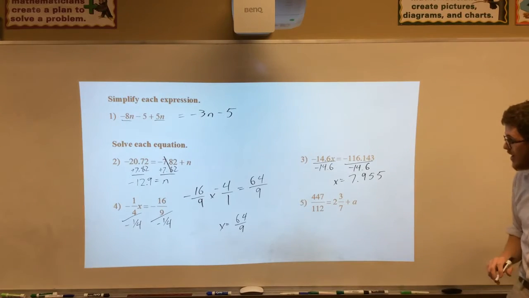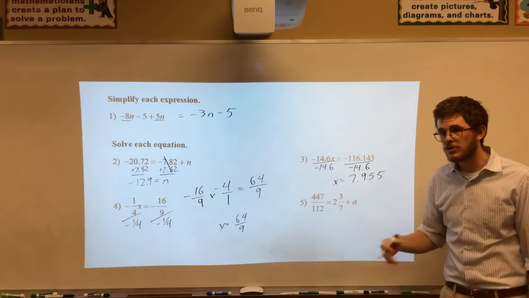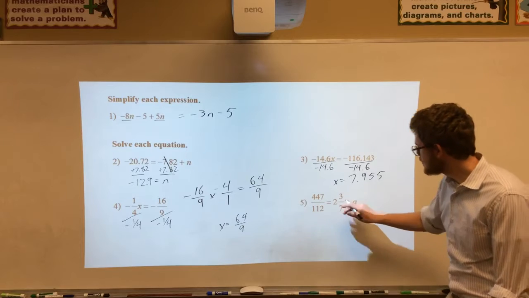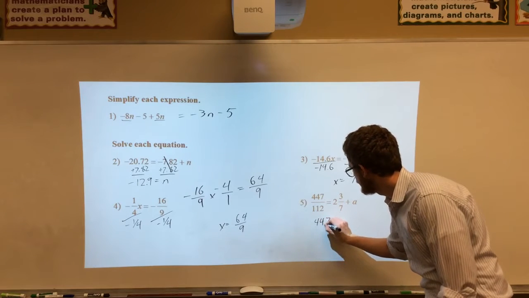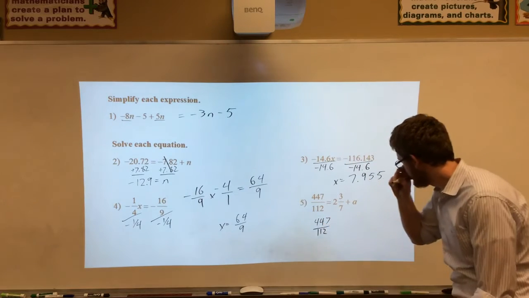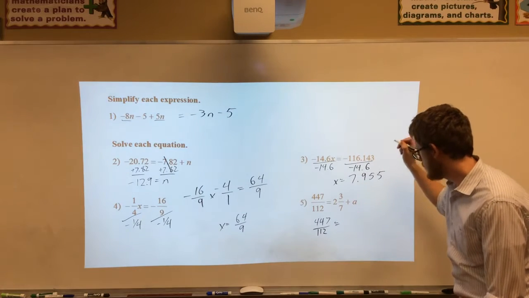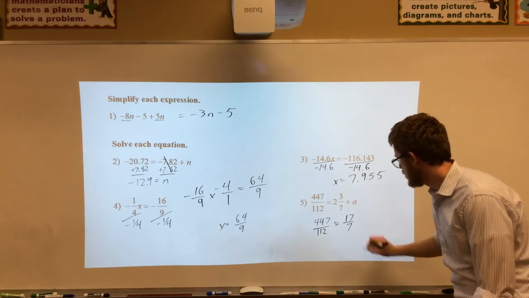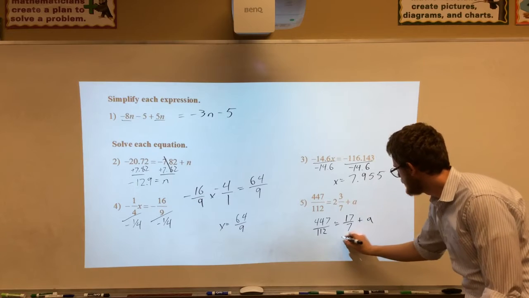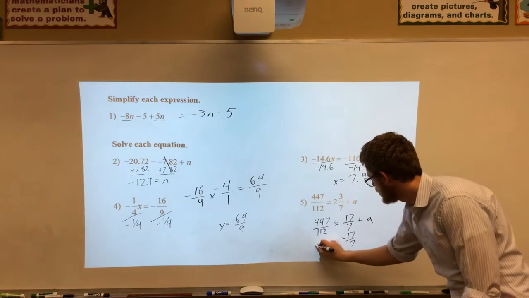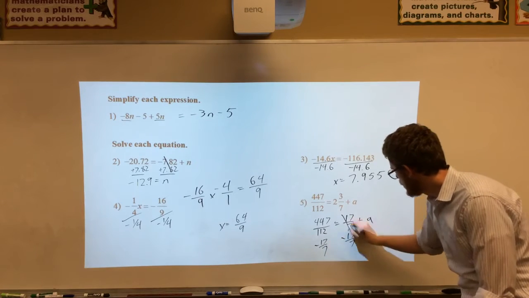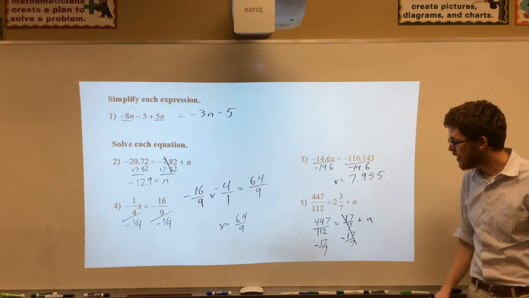On number 5, if I ever see mixed numbers, I would change them to be improper fractions. Subtract 17/7 from both sides.